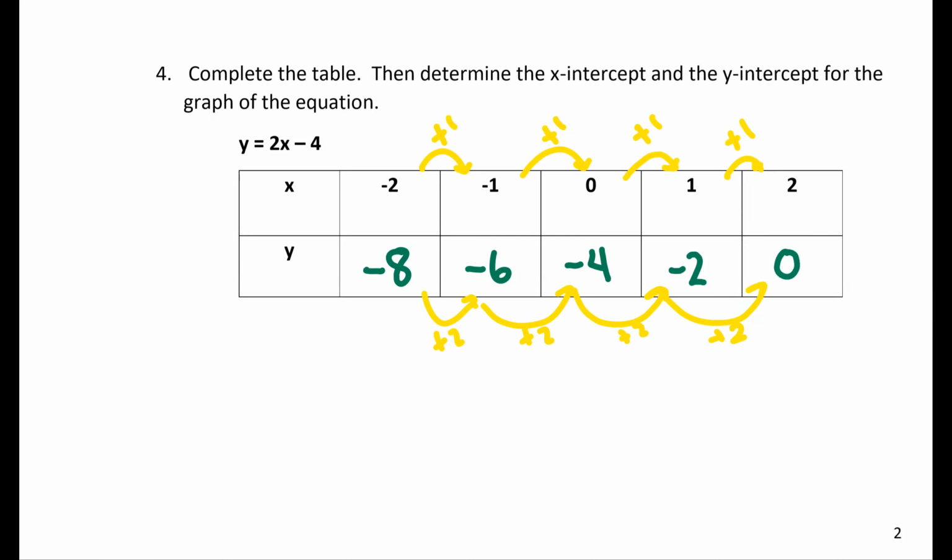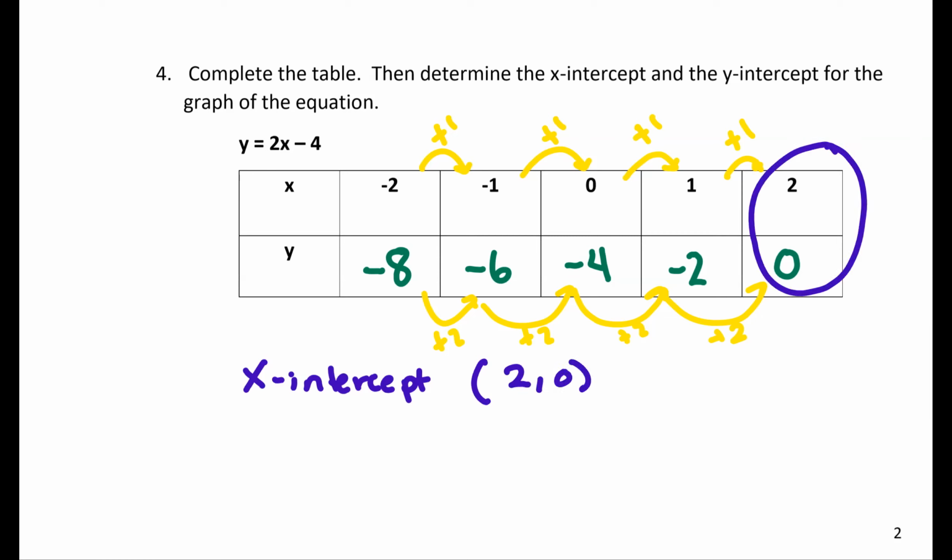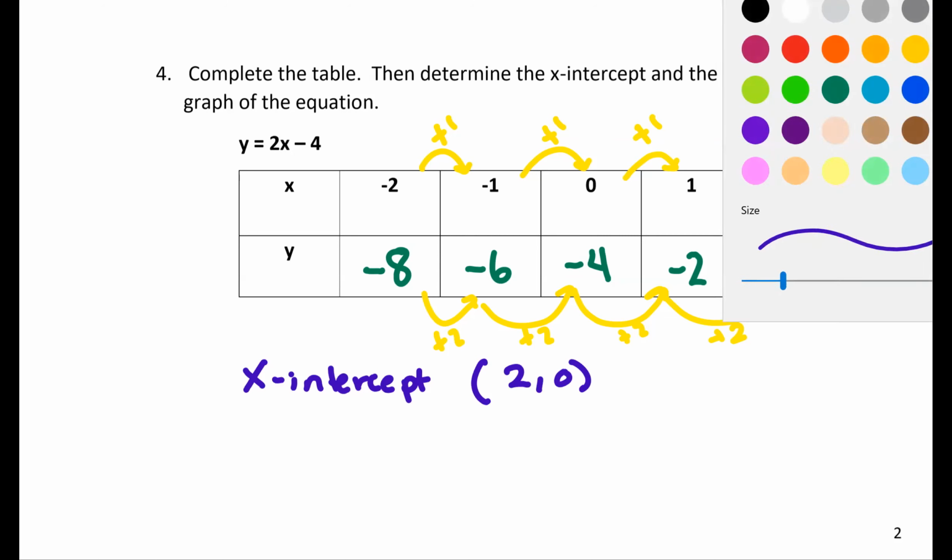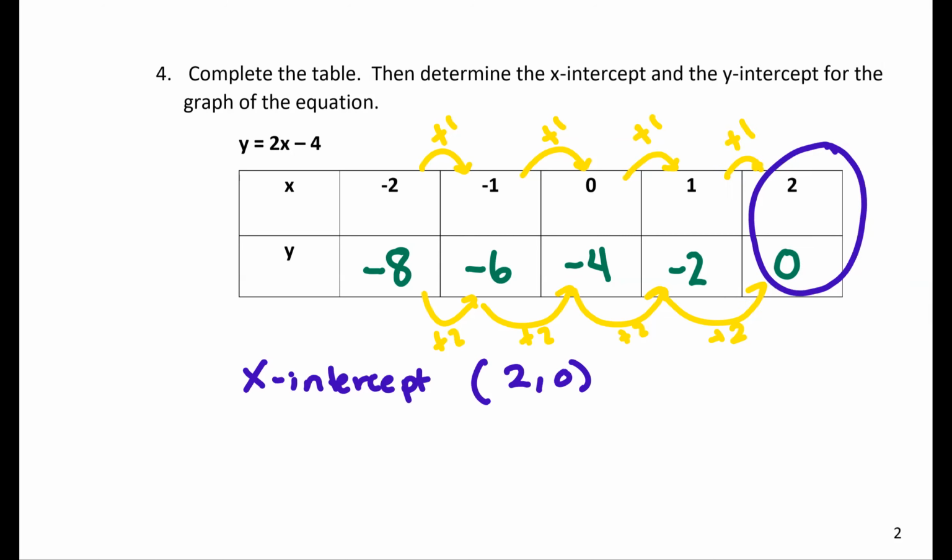So the x-intercept is going to be where the y value is 0. So our x-intercept is at (2, 0). And our y-intercept is at (0, -4).